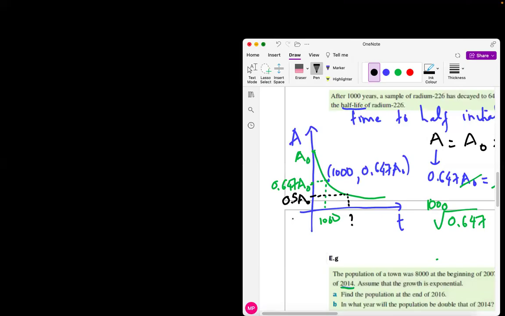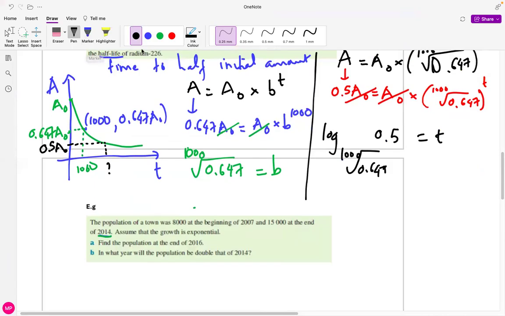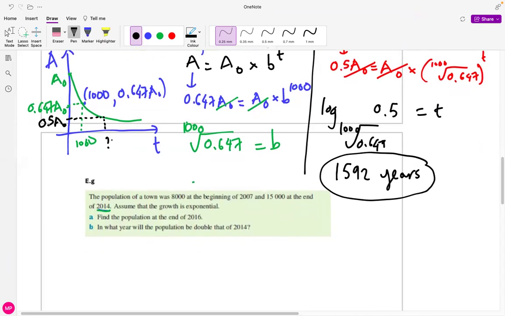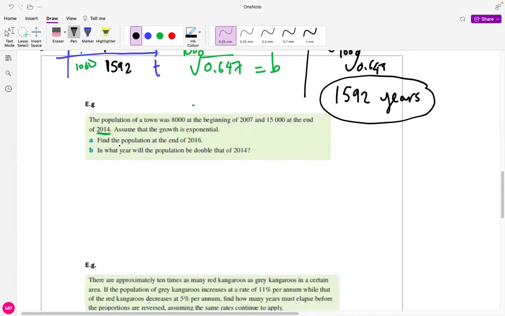So that's the time it takes to halve the initial amount. So 1,592 years. It's a long time. So you know that when it hits 1,592 years, then it gets half of the original amount. We call that half-life. All right.